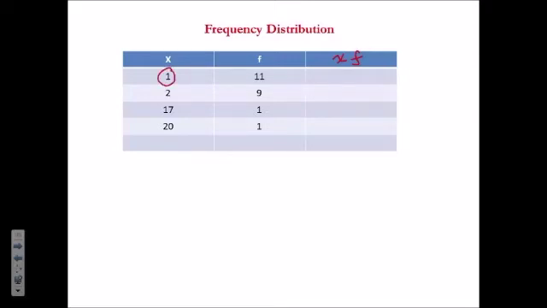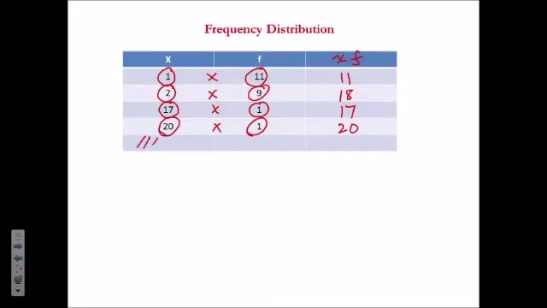X is 1, F is 11. 1 times 11 would be 11. 2 times 9, 18. 17 times 1, 17. And 20 times 1 is 20.